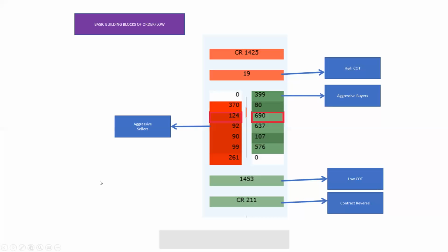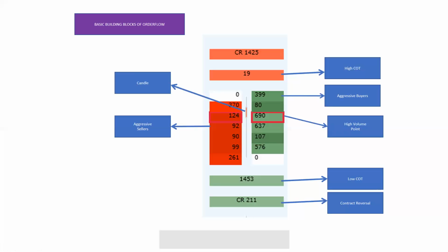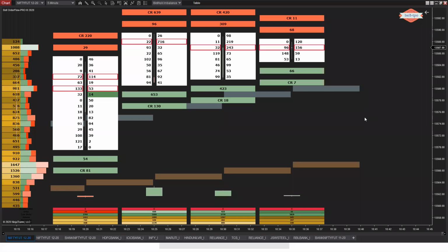Now, next to that, what else we can see is a plot. There is a box around here. Maybe I'll show you in the live charts so you can get a great feeling about that. You can see that there is a thick red box surrounding it. Those are the places where the bigger trading activity happened inside that candle. That block sums up both the buyers' and sellers' activity, and figures out where the highest activity is happening.